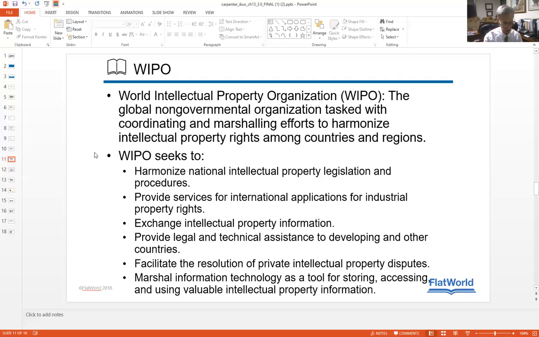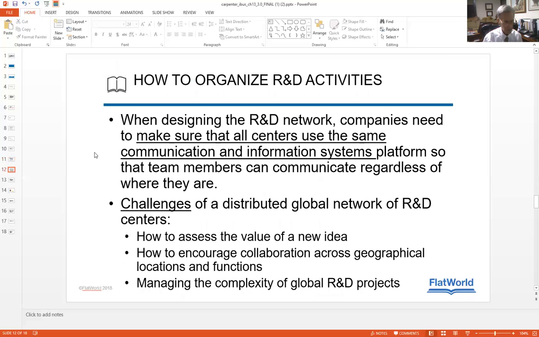Usually one is correct and the other is trying to justify acquiring it unfairly. So anyway, WIPO is important, but again, its mission is difficult.